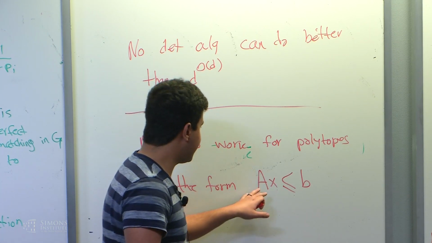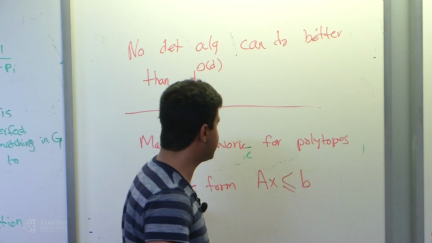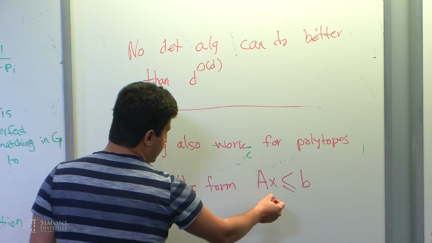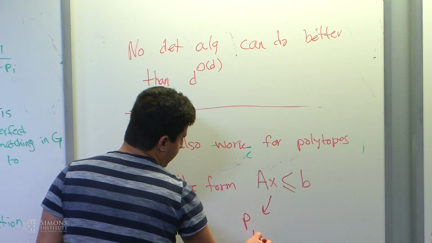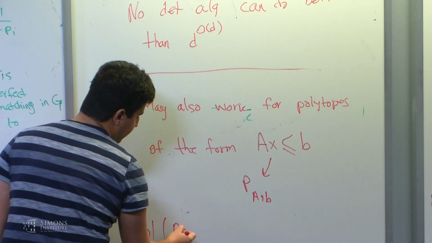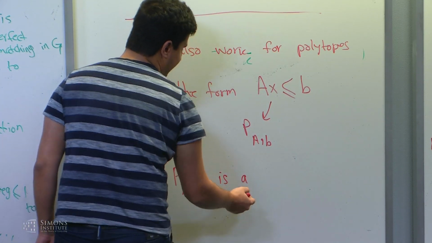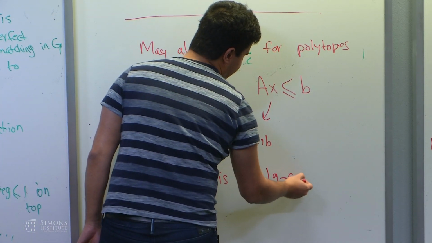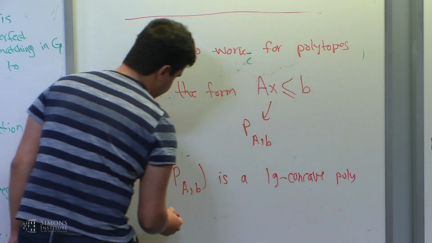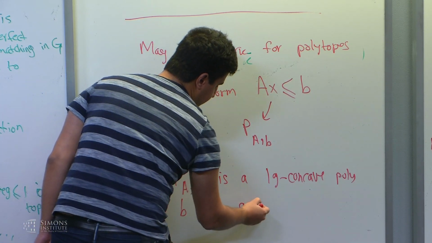The reason I'm saying that this whole theory might extend to the case of polytopes is that if you take a polytope P of A and B, the volume of P of A and B is a log-concave polynomial of B over some convex cone.